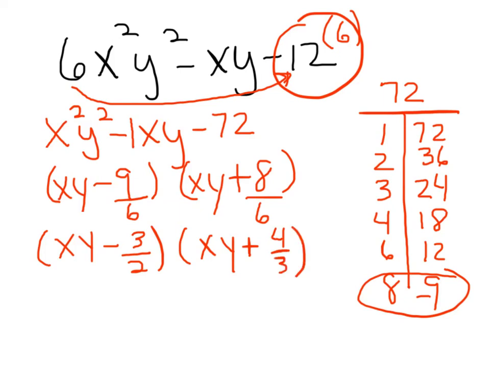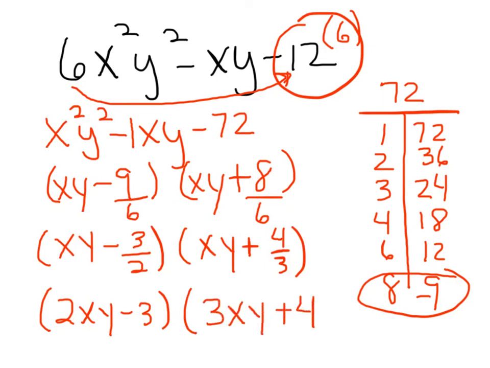I don't want to leave those fractions in there, and if I tried to FOIL what I have right now, it would never get me back to that 6x squared y squared at the top. So I take that 2 and bring it to the front, so it's going to be 2xy minus 3, and in the other set of parentheses, it's going to be 3xy plus 4.